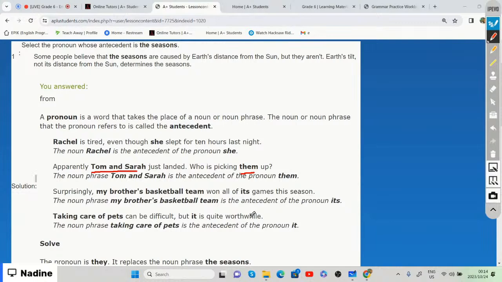We can then say Tom and Sarah refers to them. So, them being the pronoun and Tom and Sarah being the antecedent.